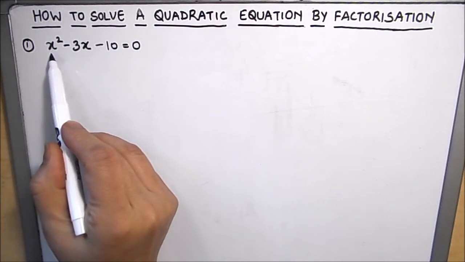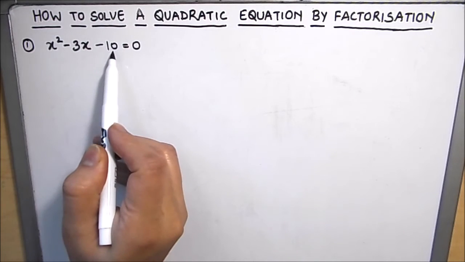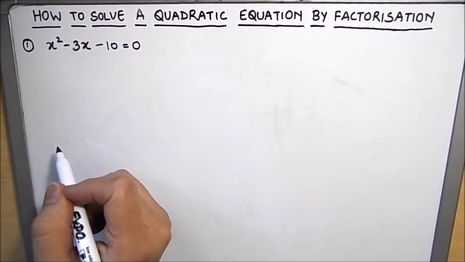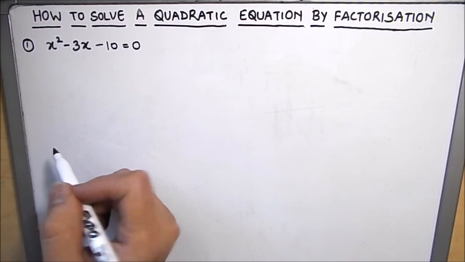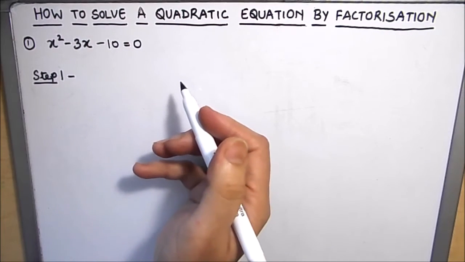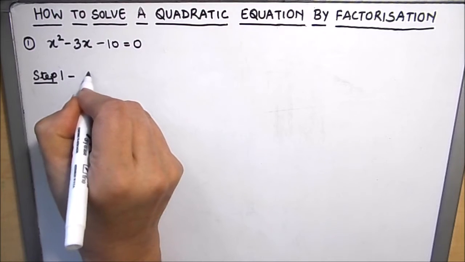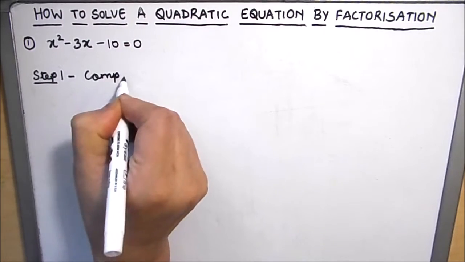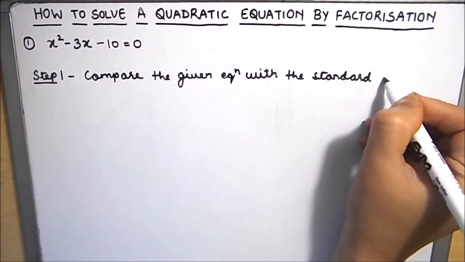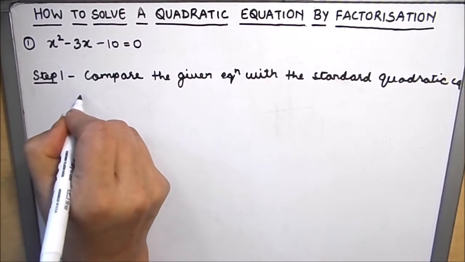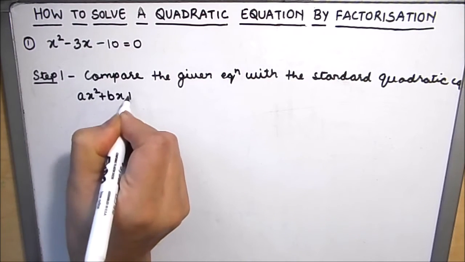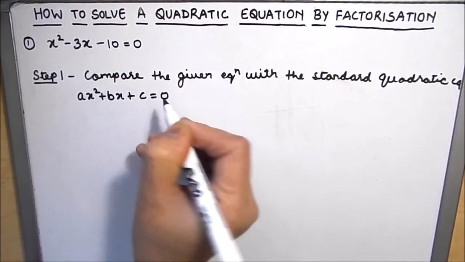The first one is x square minus 3x minus 10, our given quadratic equation, and we need to find the solution or roots of this equation by factorization. The first step is to compare the given equation with the standard quadratic equation, ax square plus bx plus c is equal to 0.